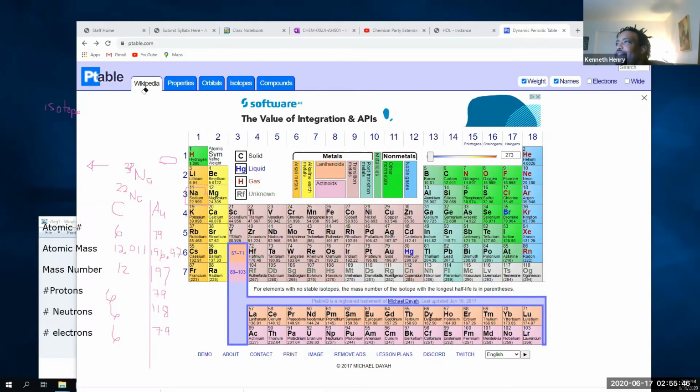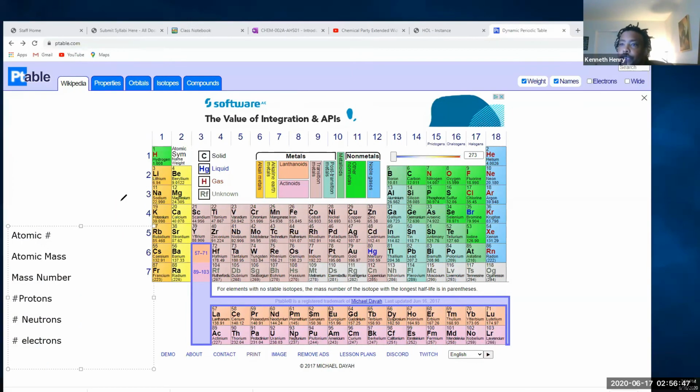Okay, so we have S35. Let's use this little table here. You'll see it written like this, and you also see it written like this, S35.